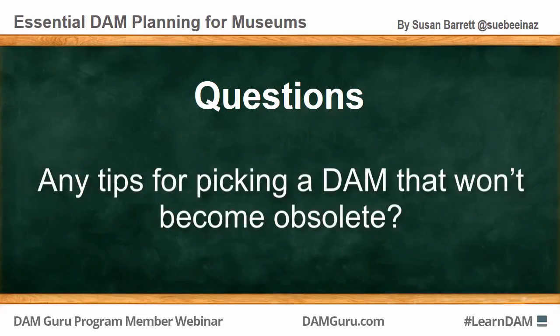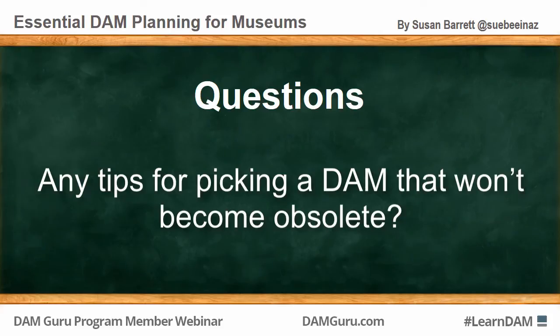Question: any tips for picking a DAM that won't become obsolete? No, they will all become obsolete. The point to deciding a DAM strategy is that your institution will become more agile and flexible when it comes to technology. Technology will always become obsolete.